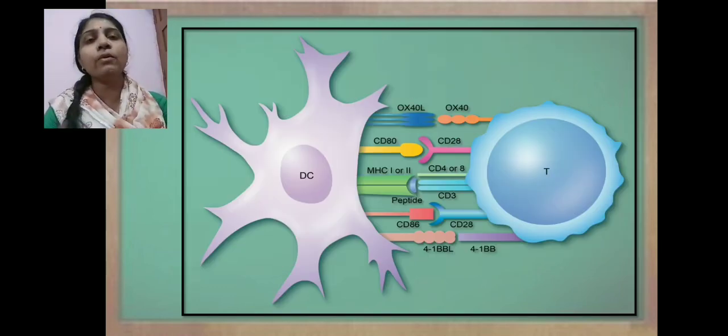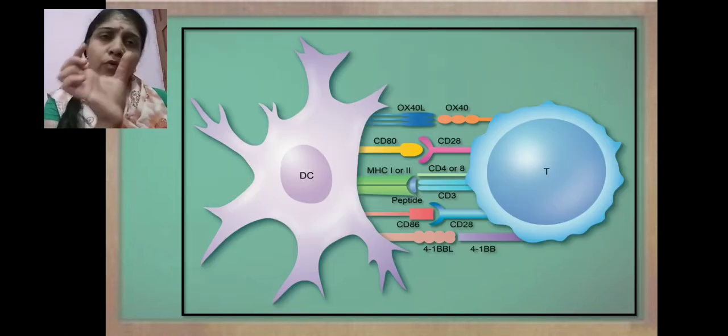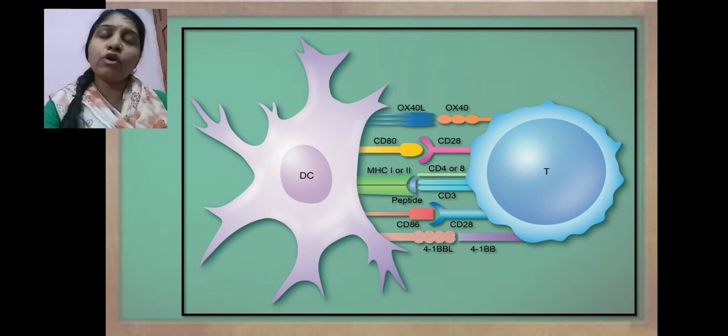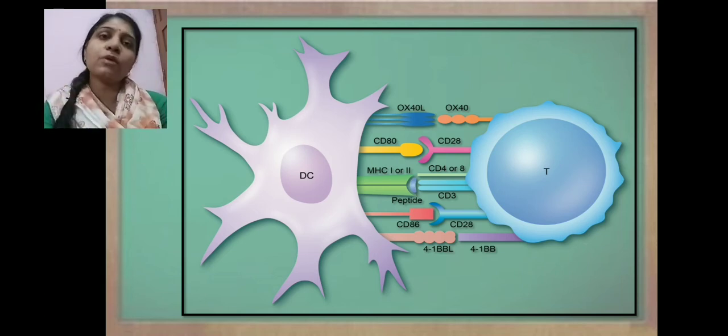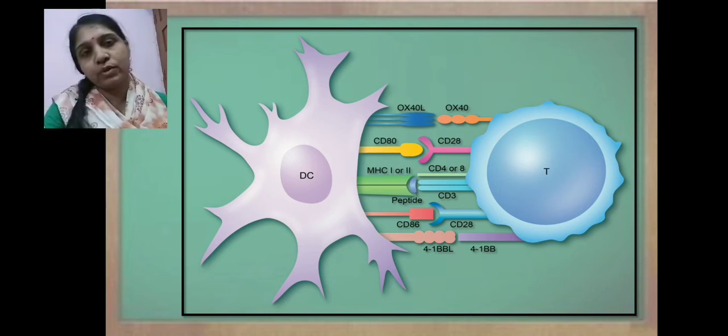For the complete activation and proliferation of the T lymphocytic cells, it is essential that there is the presence of co-stimulatory signals. In the absence of co-stimulatory signals, the process of the activation of the T lymphocytic cell will get stopped.